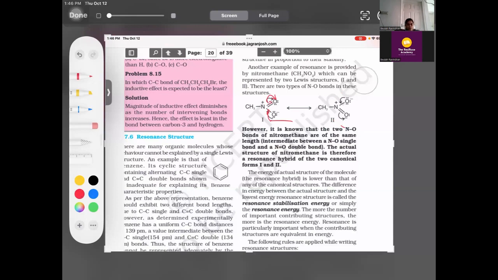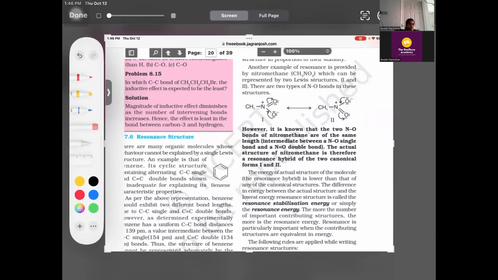So that is the case. So the NO bonds of nitromethane are of the same length, intermediate between an NO single bond and an NO double bond. So the actual structure of nitromethane is a resonance hybrid of the two canonical forms. Now you got the point, right?